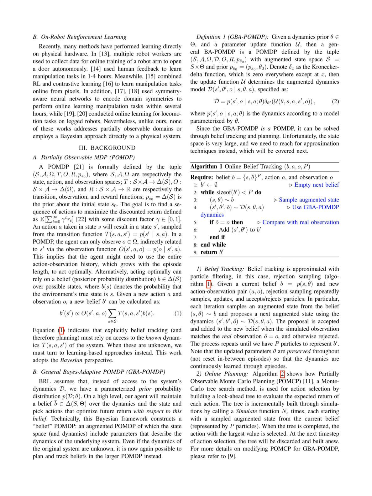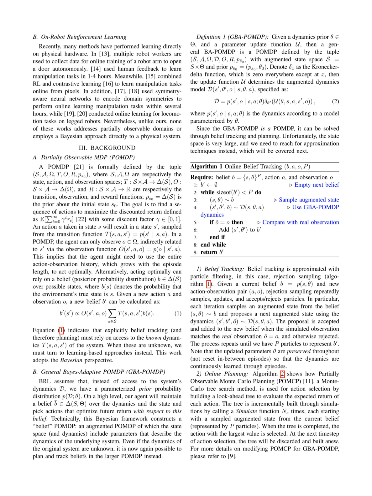The update function U determines the augmented dynamics model, where P(s'|s, a, θ) is the dynamics according to a model parameterized by θ. Since the GBA-POMDP is a POMDP, it can be solved through belief tracking and planning. Unfortunately, the state space is very large, and we need to reach for approximation techniques instead, which will be covered next.